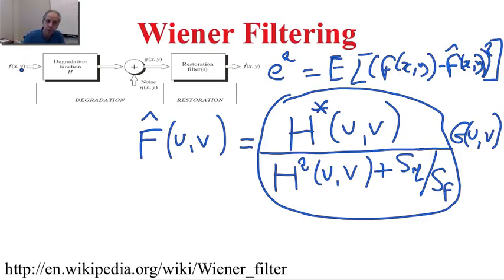So you have f has a correlation function. You take the Fourier transform of that and you compute the magnitude of that, and that's the power spectrum of the signal. And the same for the noise. You take the noise, you compute the correlation of the noise, you take the Fourier transform, you compute the magnitude, that's a power spectrum. So you don't need to know the exact function or the exact noise. You need to know some statistical characterization of that.